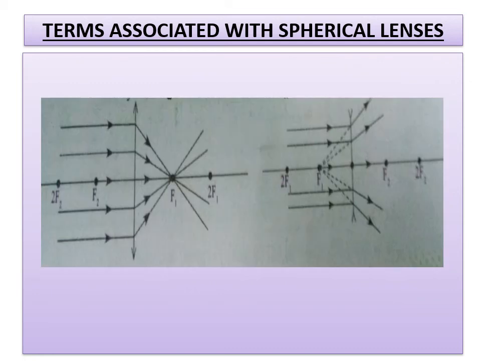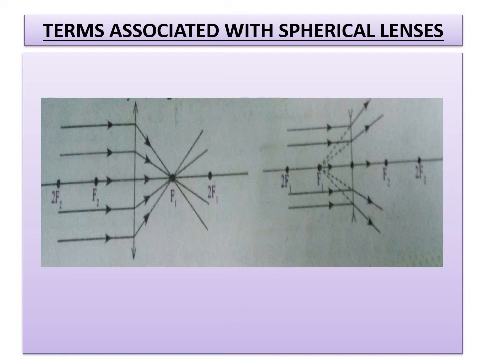Before starting this, I want to recollect some terms related to what we have learned. From the pole to the center of curvature is the radius of curvature, and the halfway distance between the pole and the center of curvature is known as the focus.